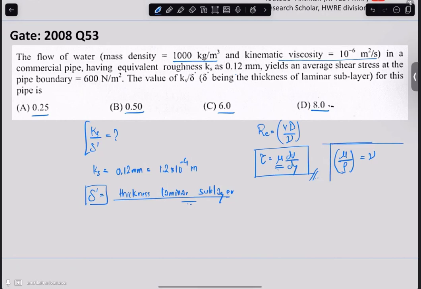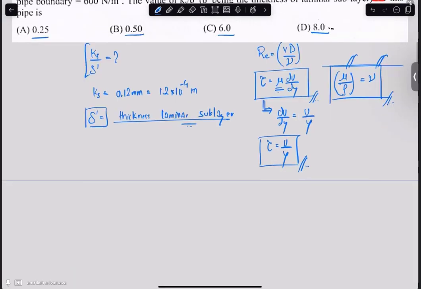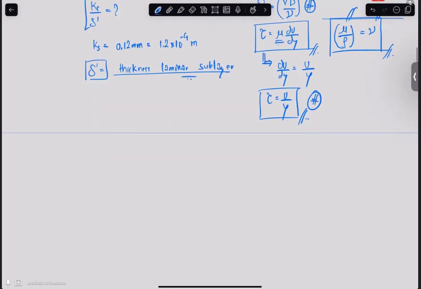I may be pronouncing them wrong, but you remember that one is kinematic viscosity, one is dynamic viscosity. Now for commercial pipes, du by dy can also be written as u by y. So these two expressions are going to be used.